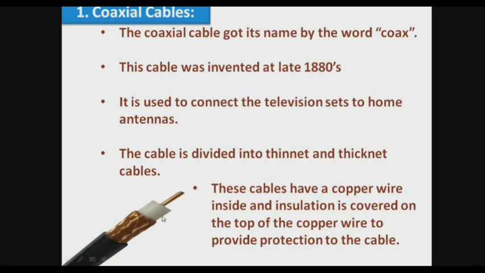There is an outer layer. It acts as an insulation for the copper wire. Again, it is insulated by an aluminum or copper sheet. Again, it is insulated by plastic. So this wire is doubly insulated for the protection of the cable.